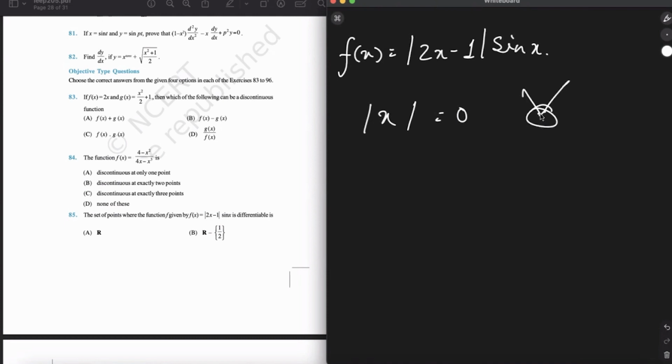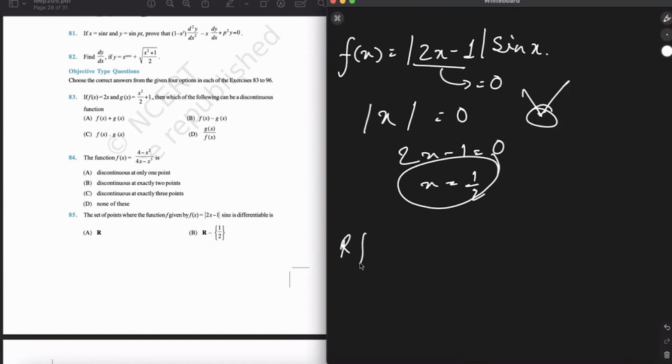This is the point of non-differentiability. So we have to check at only the point where the thing inside is going to be equal to 0. That means 2x minus 1 is equal to 0. That means x is equal to 1 by 2. This is the point where you have to check. Alright. So let's check for differentiability.